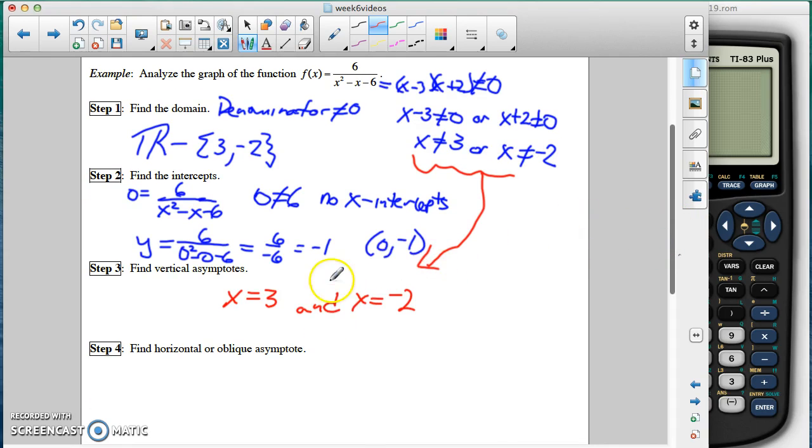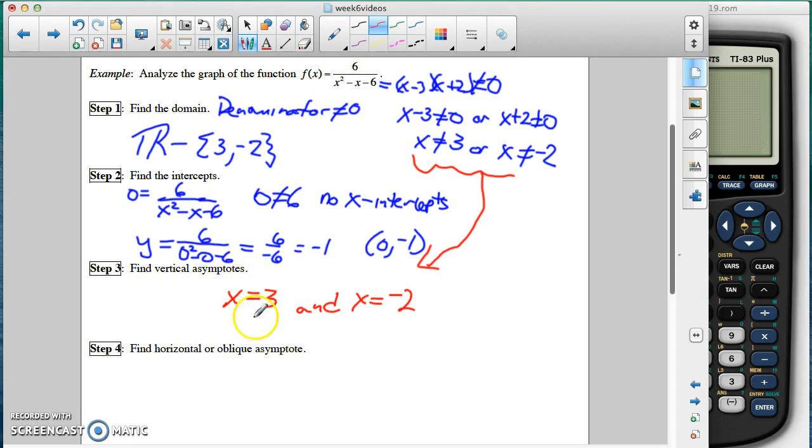Now horizontal or oblique asymptotes is step 4. We look at the function. We have no powers of x up here, and we have an x to the second as our exponent in the denominator.